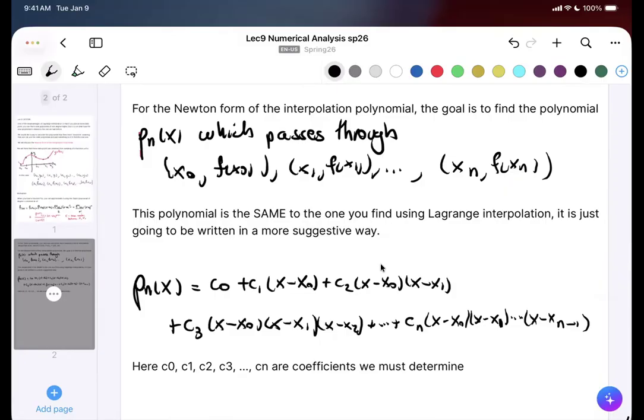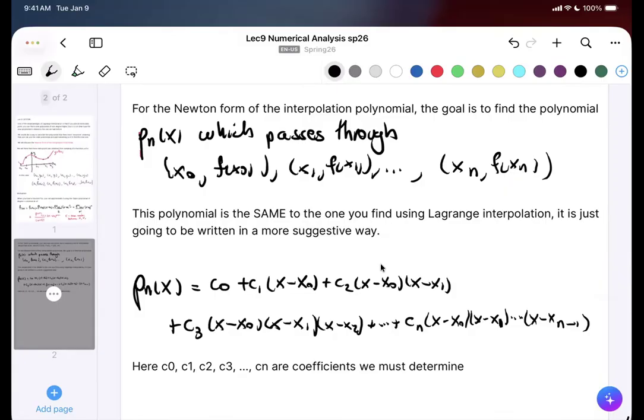But it gives a familiar vibe to the Taylor polynomial. What was the Taylor polynomial? It's a constant plus something times x minus x0 plus something times x minus x0 squared, plus something times x minus x0 cubed.